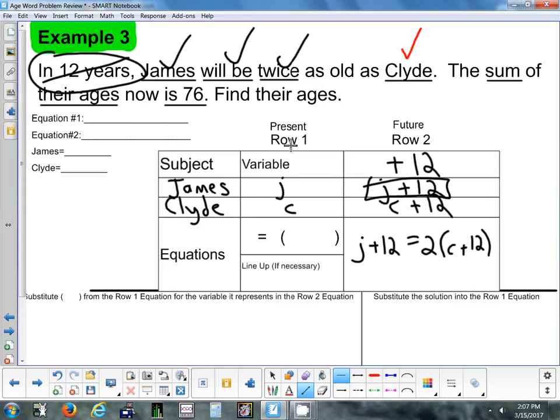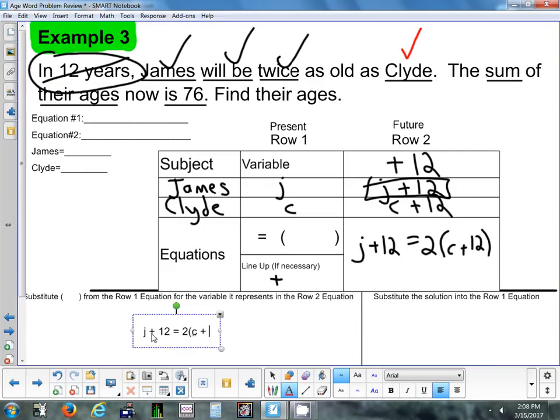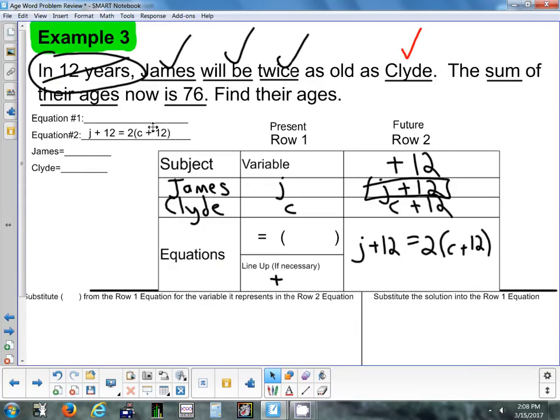Sum means add. The sum of whose ages? James and Clyde. James and Clyde when? Present, future, past? How'd you know present? It says now, right?